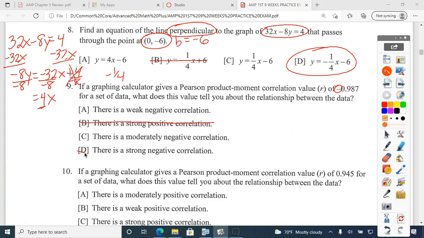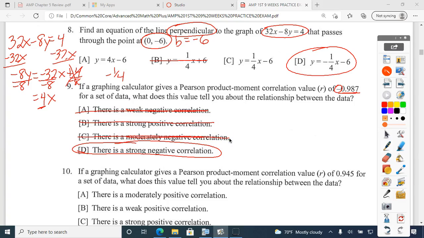Now, the closer it is to negative 1, the stronger it is. Negative 0.987 is extremely close to negative 1. So it is a strong negative correlation. It wouldn't be moderately negative and it wouldn't be weak negative, okay? It has to be strong negative.